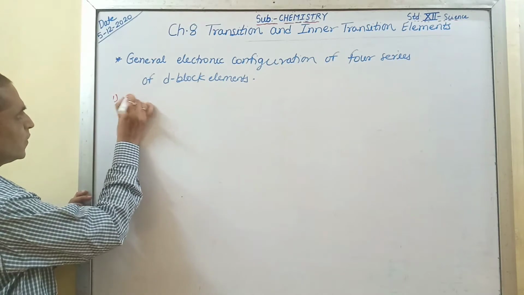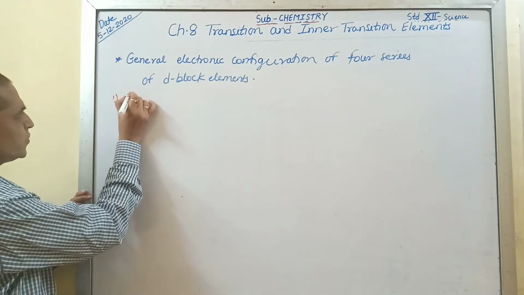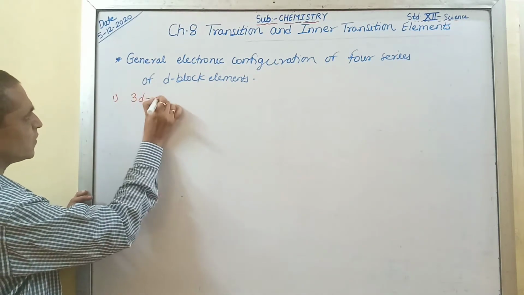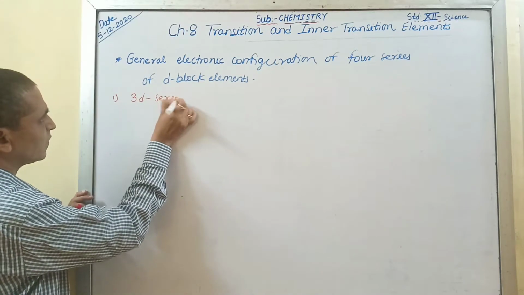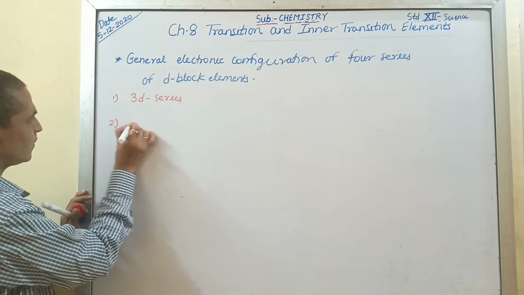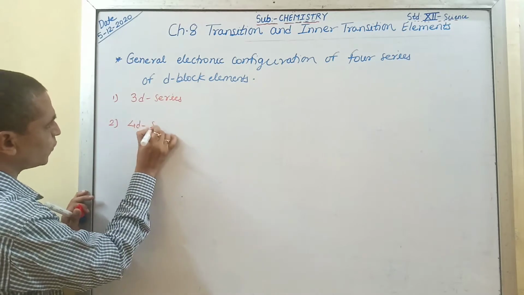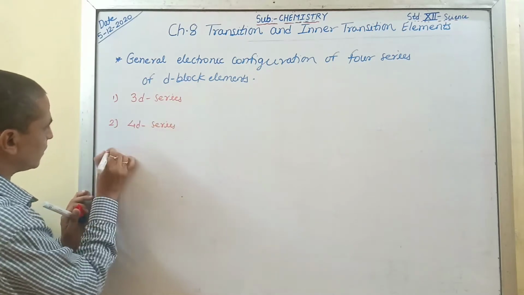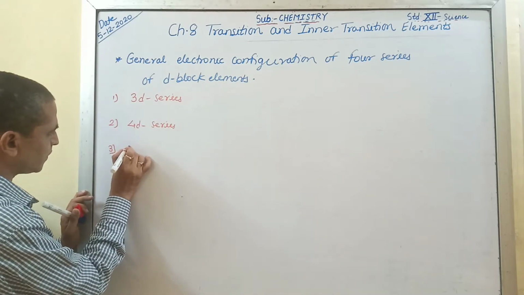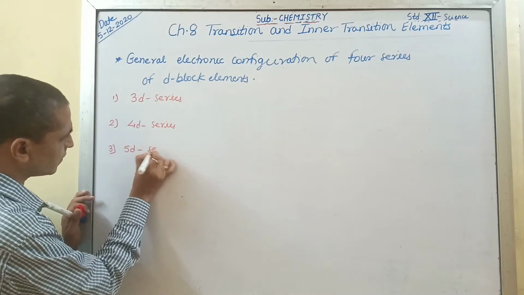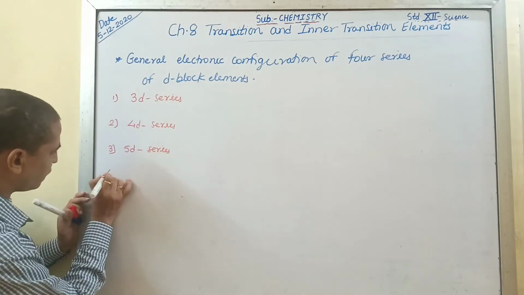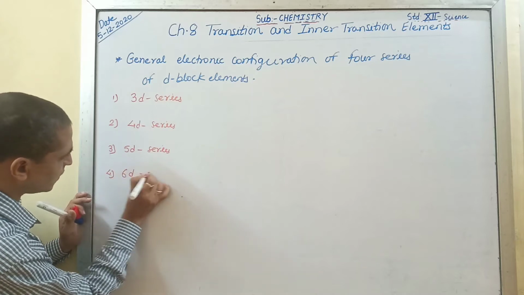The first transition series is the 3d series. Second, the 4d series. Third, the 5d series. And fourth, the 6d series.